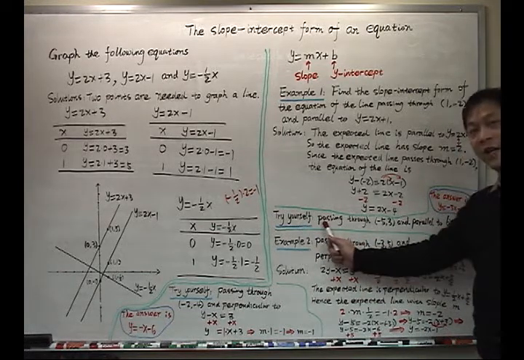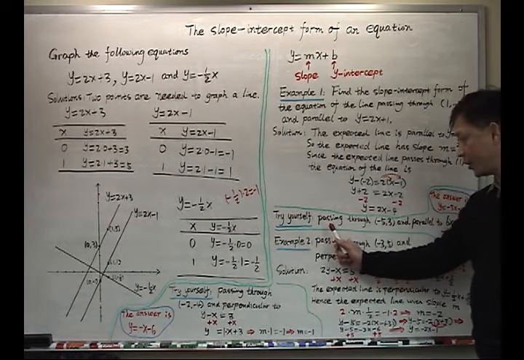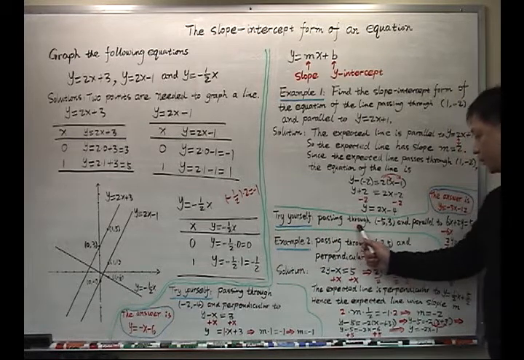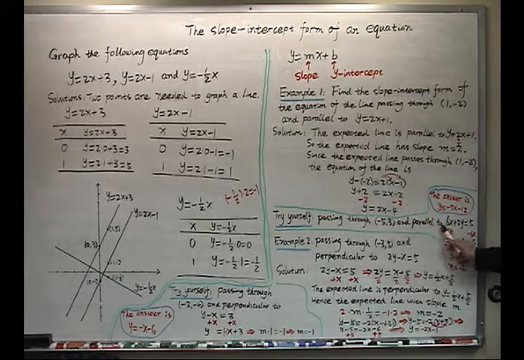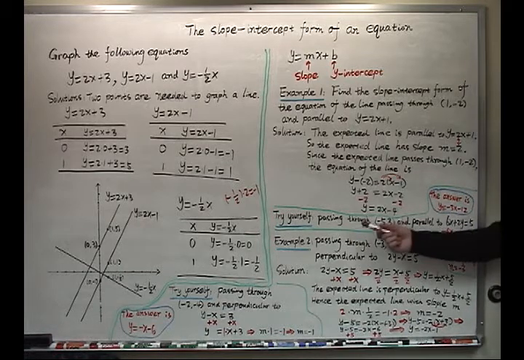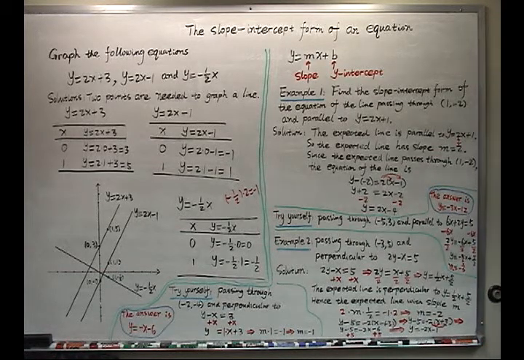You want to find a line which is passing through -5, 3, and parallel to this one: 6x plus 2y equals 5. You want to find out the slope of your line, but you know your slope is equal to the slope of this one.